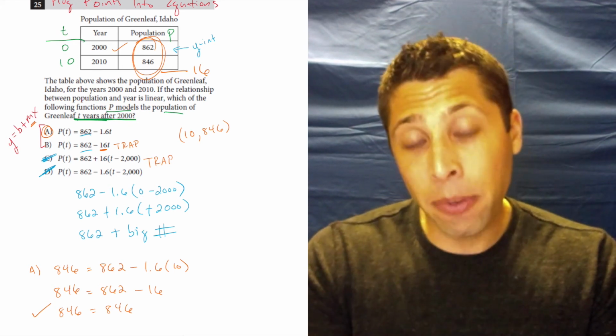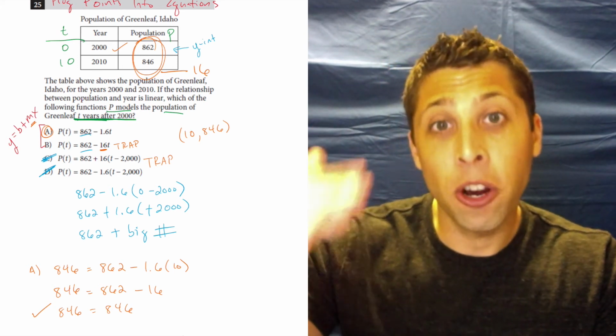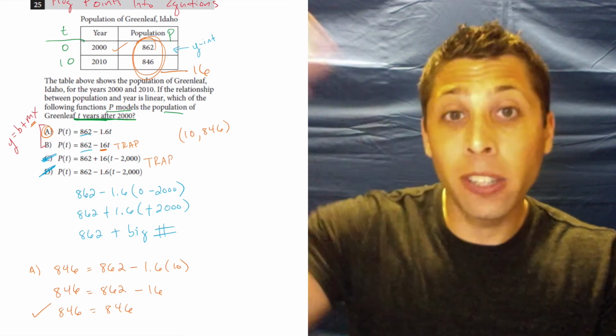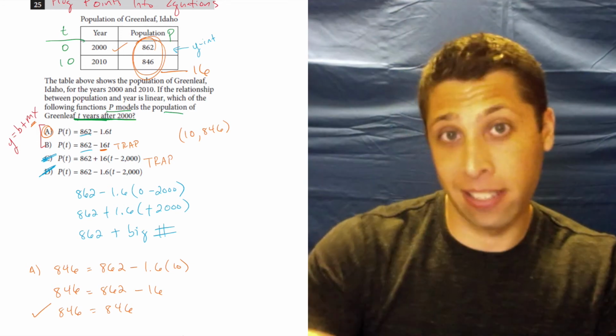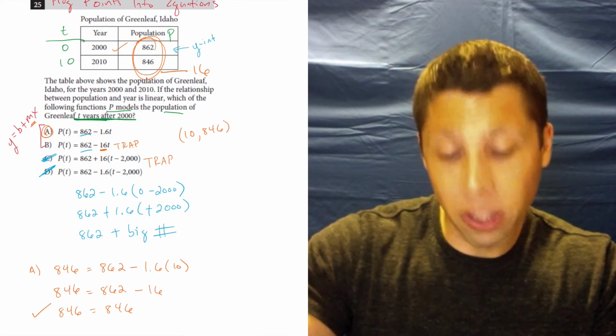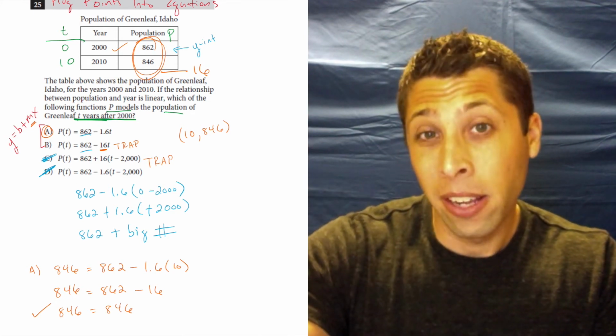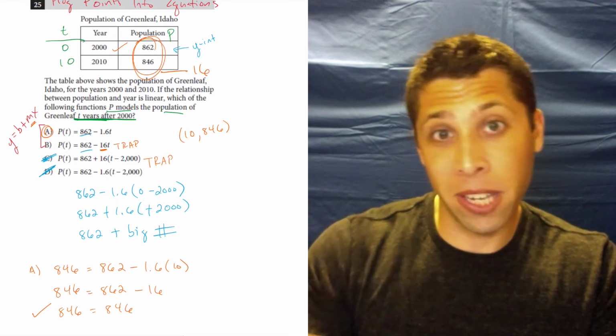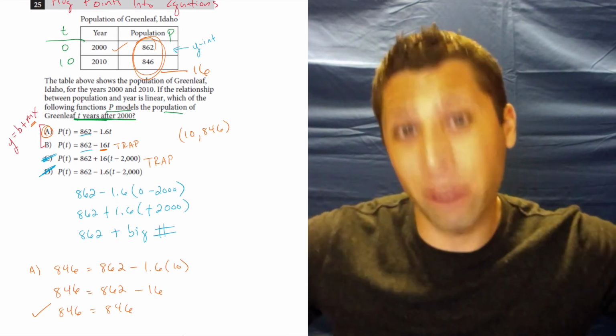But we have to remember that a slope is a change per year, or per X, per T in this case. So we're not going from 0 to 1, we're going from 0 to 10. So the slope is going to be spread out over those 10 years, right?